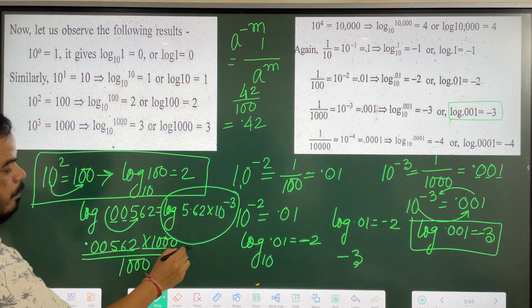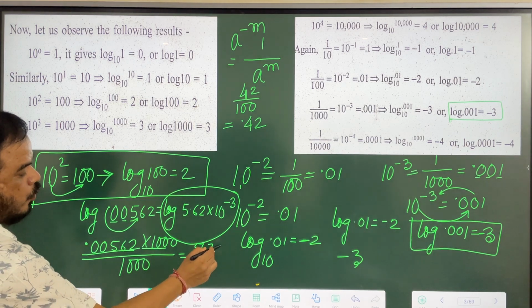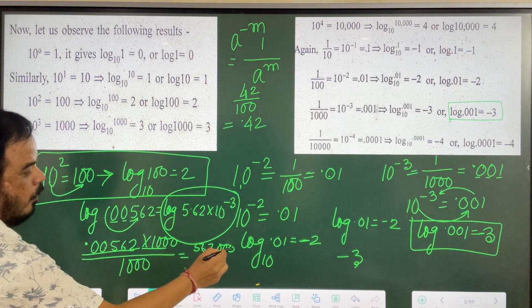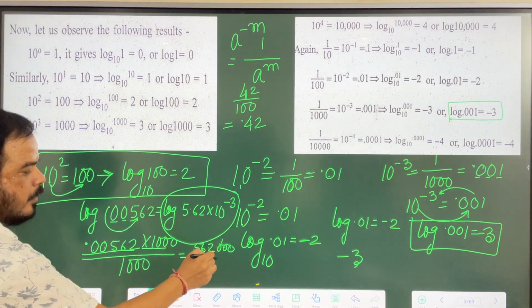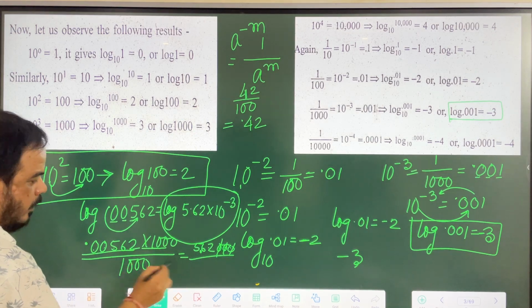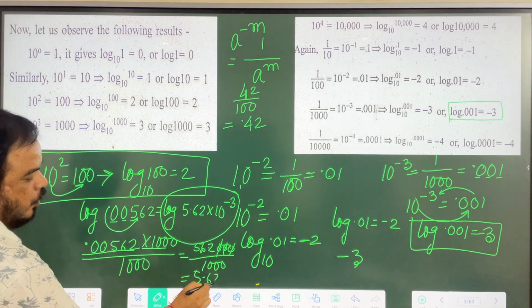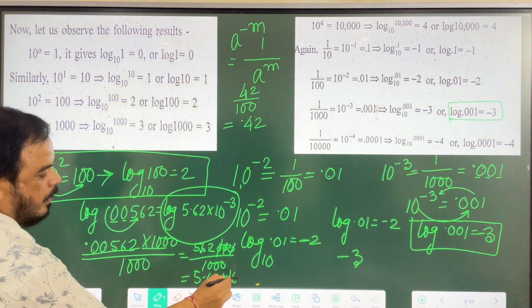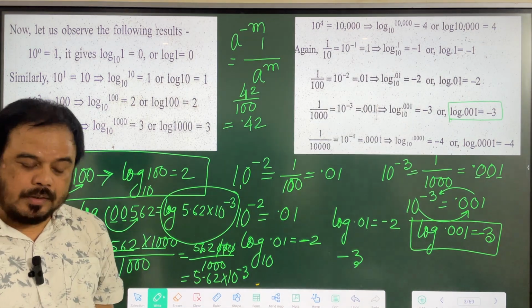We will get 562,000. 1, 2, 3, 4, 5. Decimal here. So 0, 0, 0 cancel. Here what is there? 1000. So 5.62, and 1000 we can write as 10 cube. If it goes up, it will be 10 to the power minus 3. 5.62 into 10 to the minus 3.